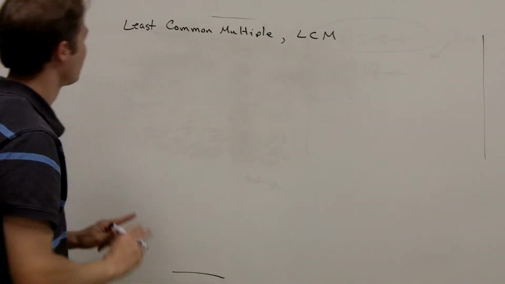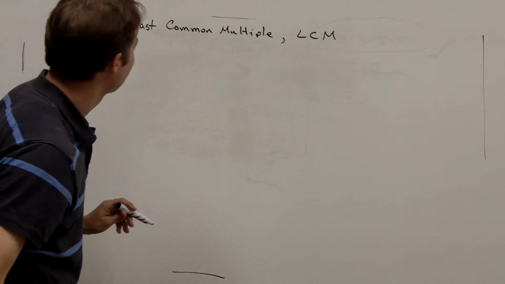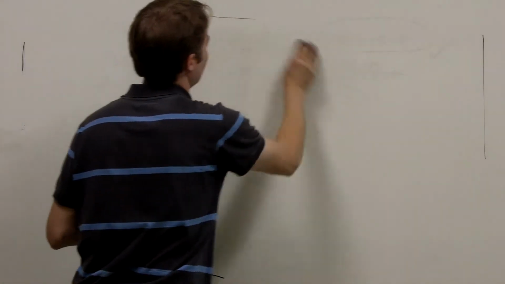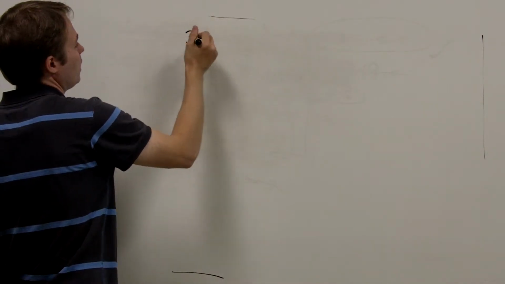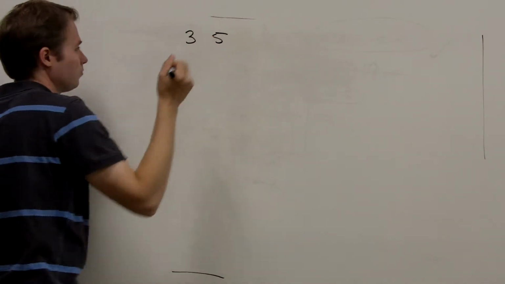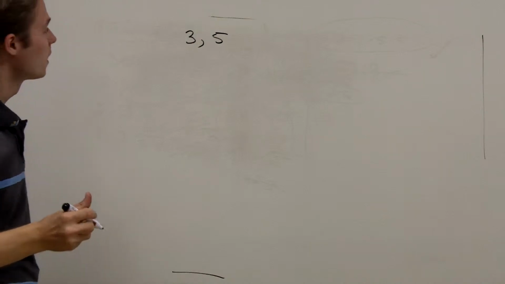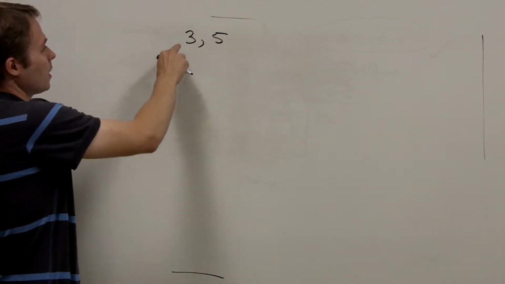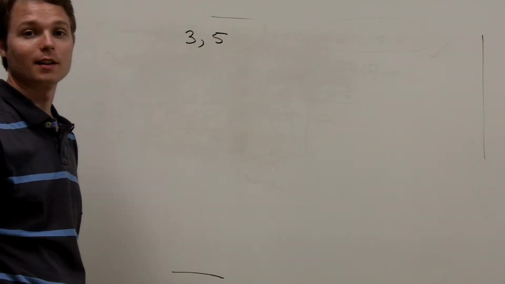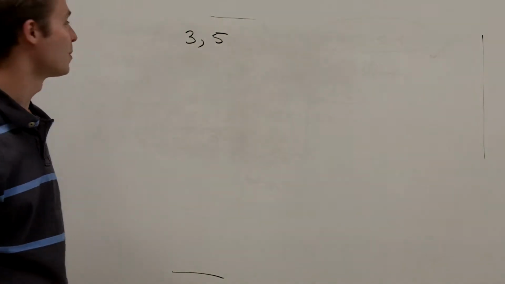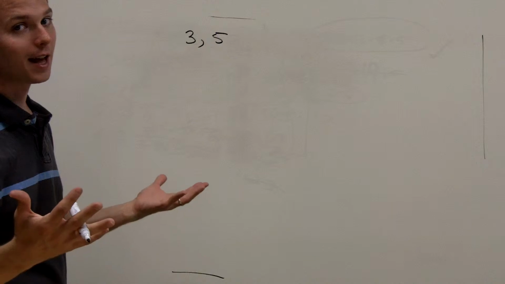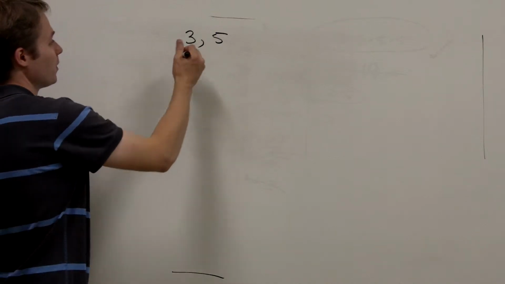So how about the least common multiple of 3 and 5? If you notice, 3 times 5 is 15, and that is a common multiple. In fact, if you multiply the two numbers together, you'll always get a common multiple. The question is, is that the smallest common multiple?